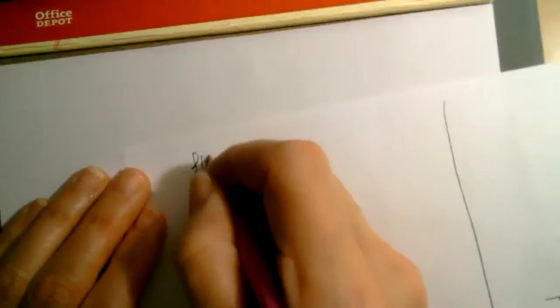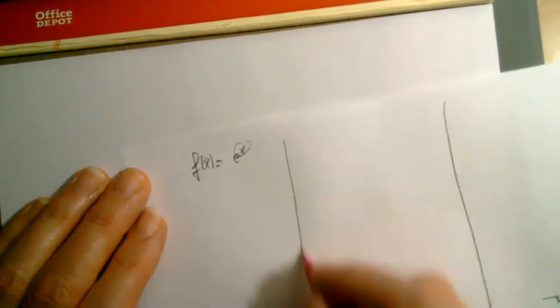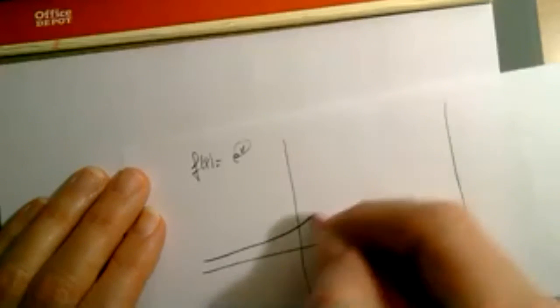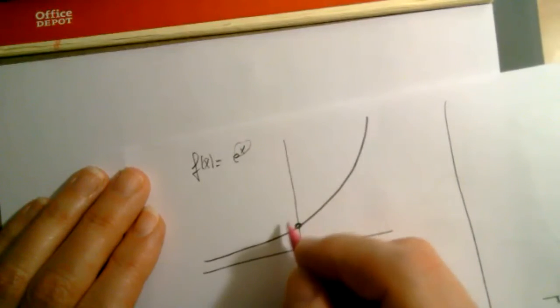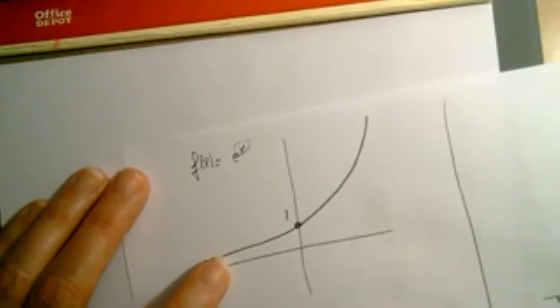Okay. E to the x, we mentioned how it looks. If f of x equals e to the x, it means f is a function which on input x outputs e to the x. The graph is an exponential. If x is 0, it's equal to 1, and it is increasing.